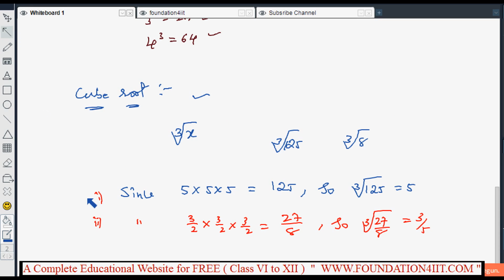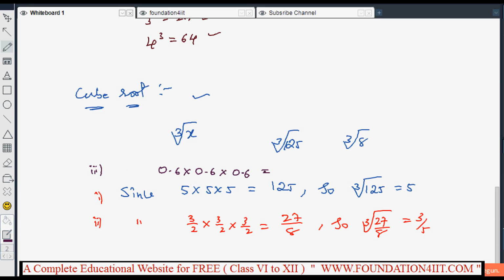So these are similar examples. You can take one example with a decimal number. Okay, for example, trying one more: 0.6 into 0.6 into 0.6.